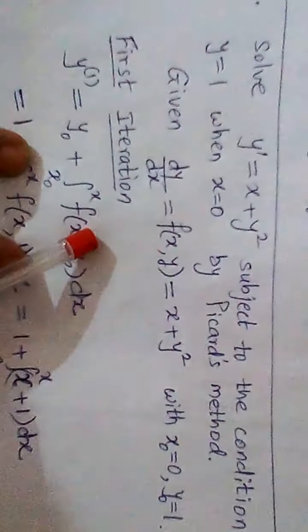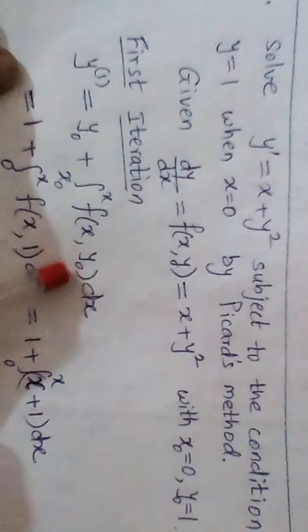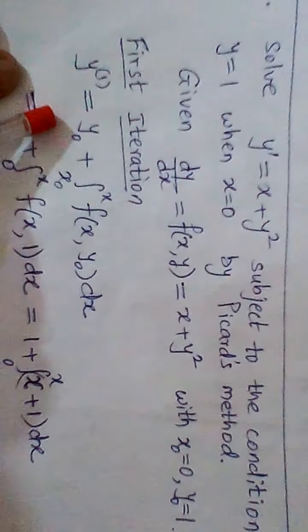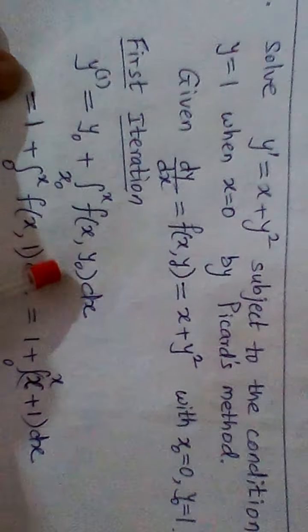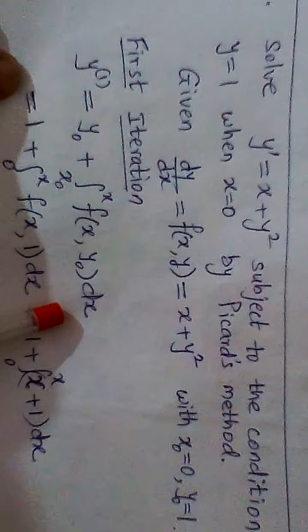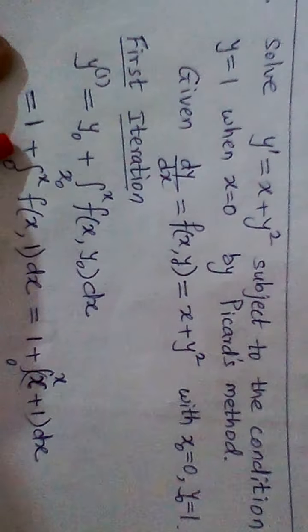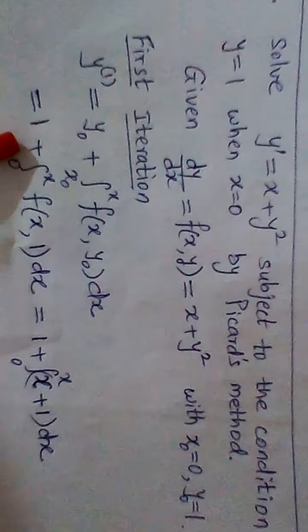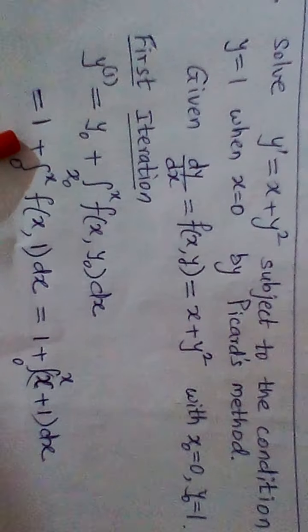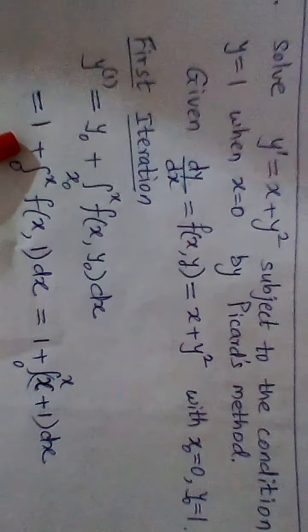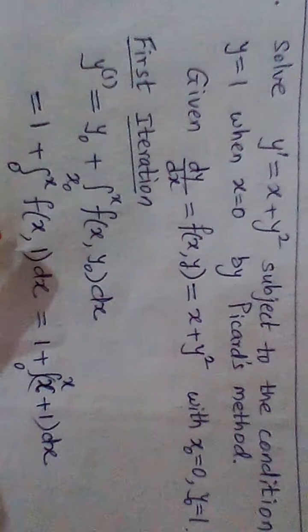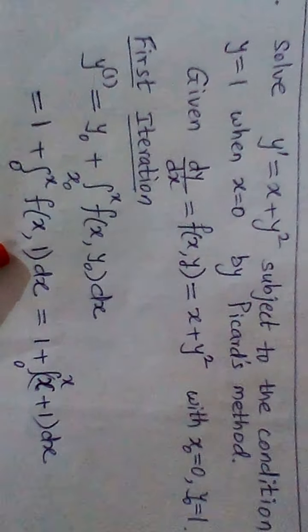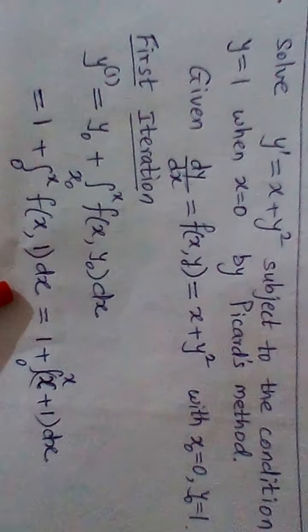Now first iteration. So we use Picard's formula. Y1 equal to y naught plus integration from x naught to x f of x comma y naught dx is equal to, let us put the values. So y naught is 1, so we put 1 plus integration from 0 to x, the value of x naught was 0, f of x comma 1 dx. What is my function?